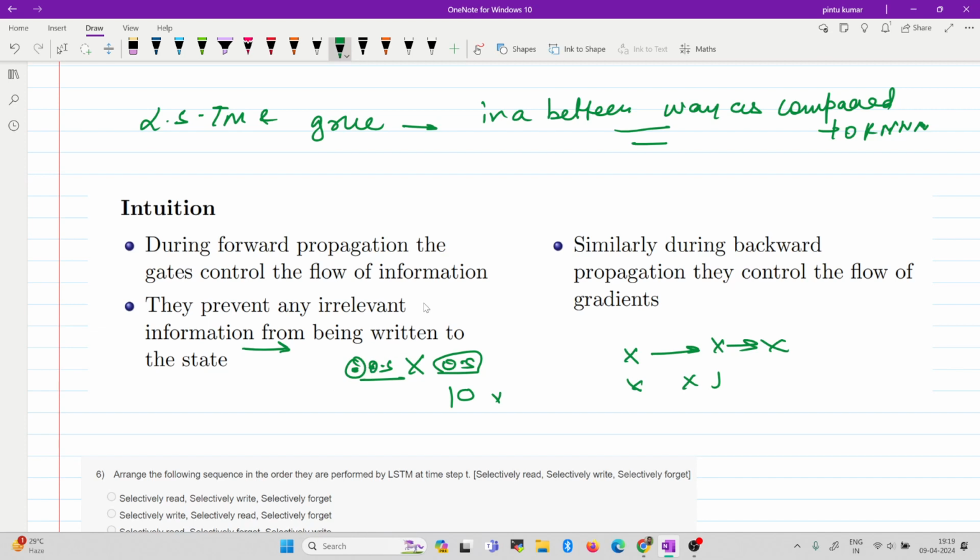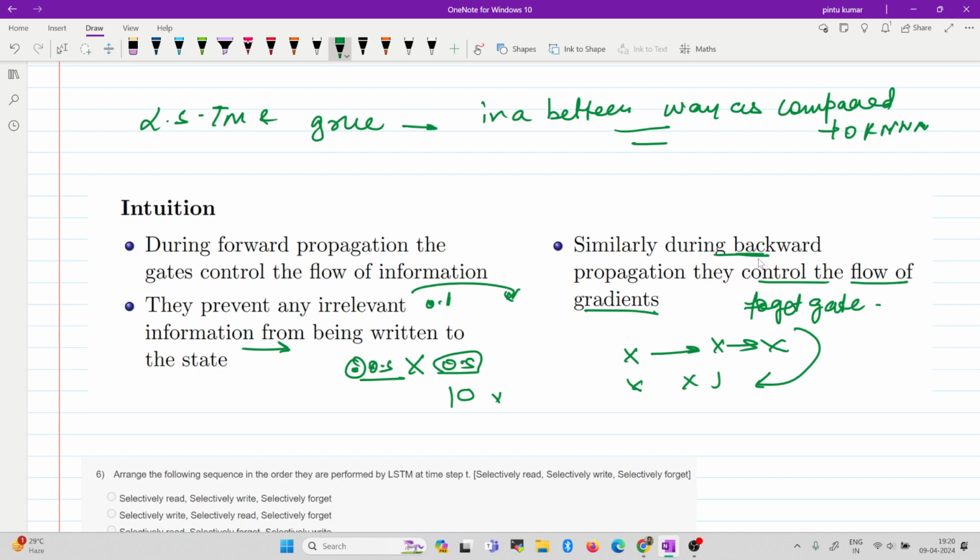So because initial terms are making a very negligible impact on the output of your further layers, it is okay if they make a negligible impact in modifying the loss further out. So in this way people say that the forget gate controls the flow of gradient. That's why you have better performance in terms of vanishing gradient.